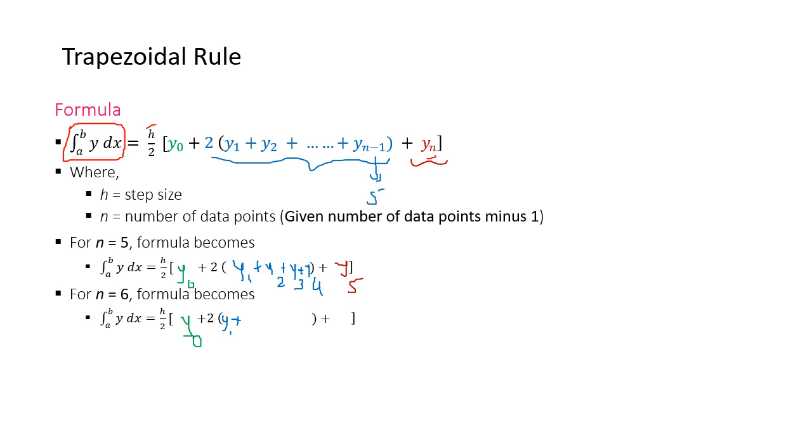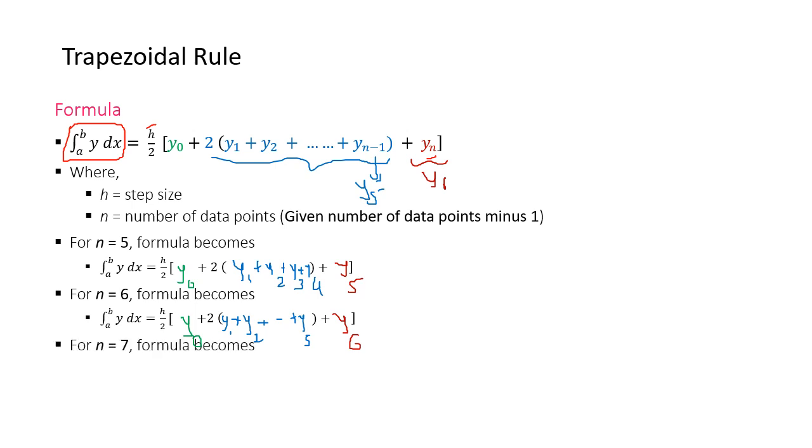And the last term in the square bracket is yn, so n is 6, hence this term becomes y6. So y0 plus 2 into y1 plus y2 plus and so on up to y5, and finally the last term in the square bracket is y6. Alright, so I hope you get the mechanics of the formula, and it's very simple. You should be in a position to reduce this formula when n is given.